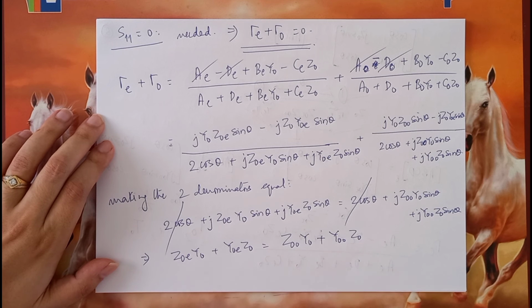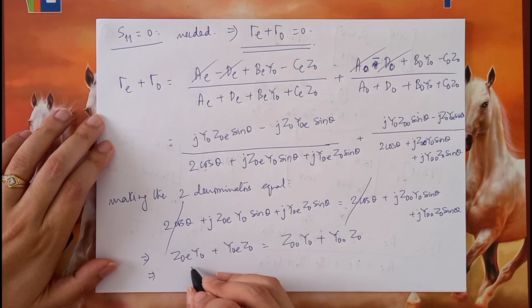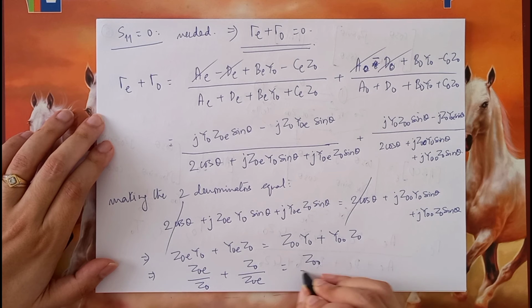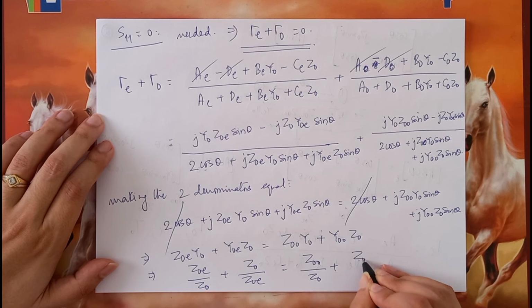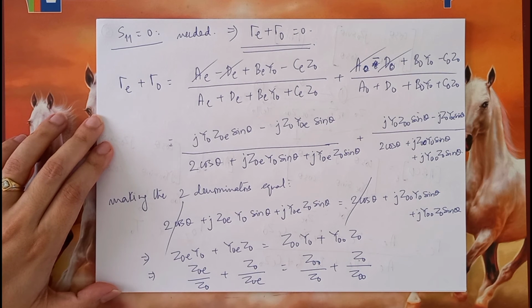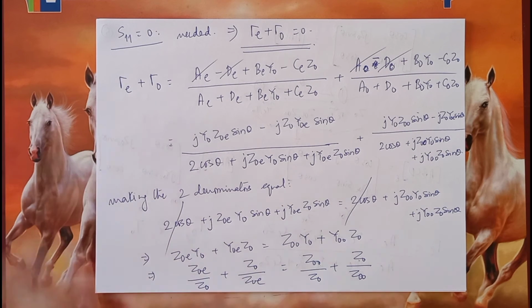So let us now convert all of this into impedance terms. This will be Z0E by Z0 plus Z0 by Z0E. This is equal to Z0O by Z0 plus Z0 by Z0O. Alright. So what we can do is group the terms where Z0 is on the numerator separately and the terms where Z0 is on the denominator separately.